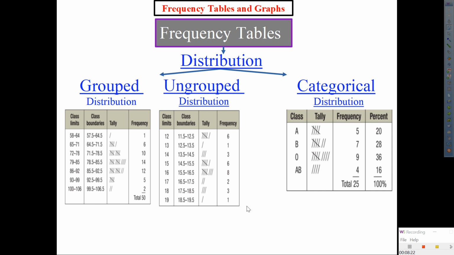That is correct. Now, last week we did end up with the last type of graph, which was the ogive. That required what kind of table? Let's see if you remember. Think about it. Without looking at your notes, the ogive required what kind of table? Talk it over with your neighbor.